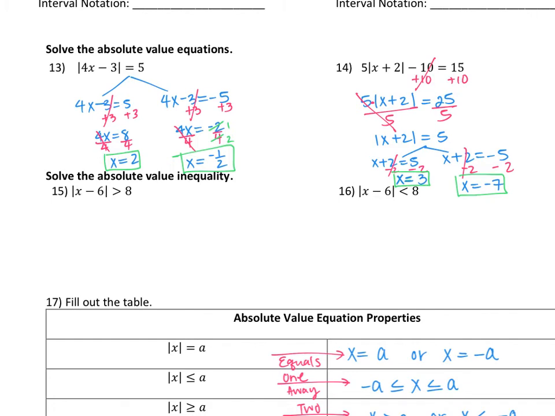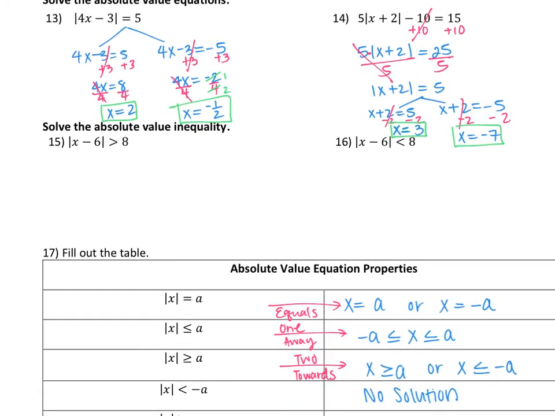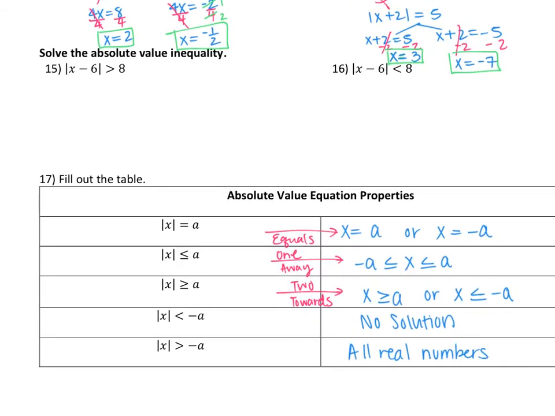And there we go. Now let's talk about solving absolute values with inequalities, because that's a little bit trickier. But use the chart here to help you out. So this one says that you have an absolute value, and notice the inequality is facing towards the absolute value sign. If it's facing towards, you're going to need to split this up into two inequalities.